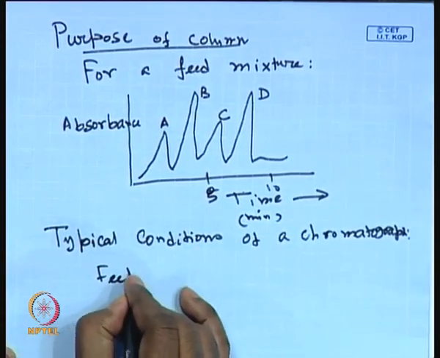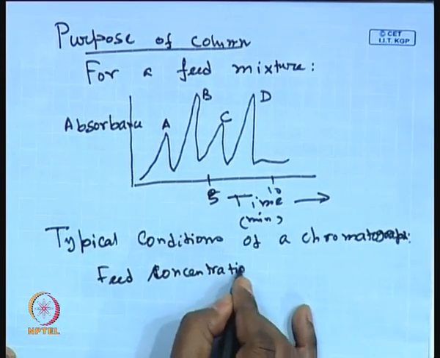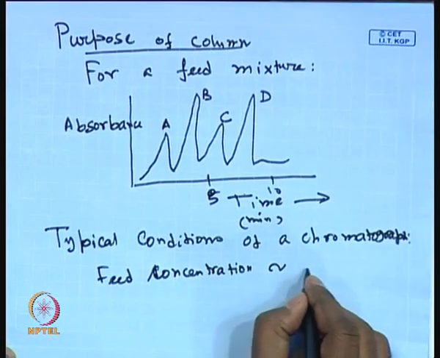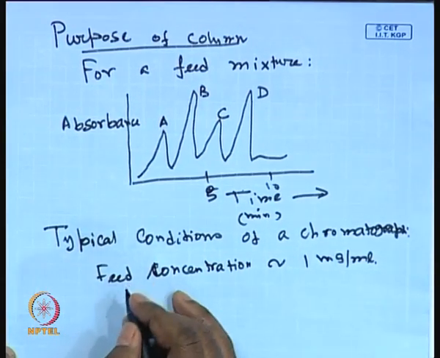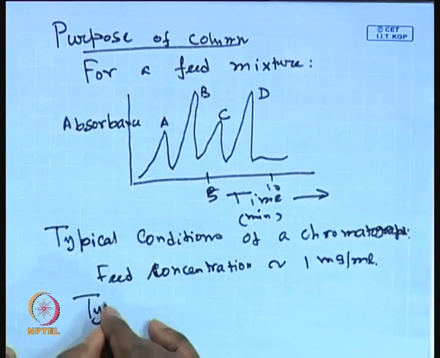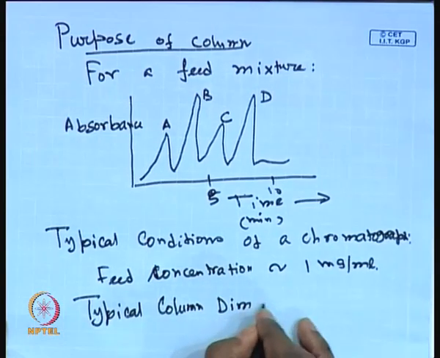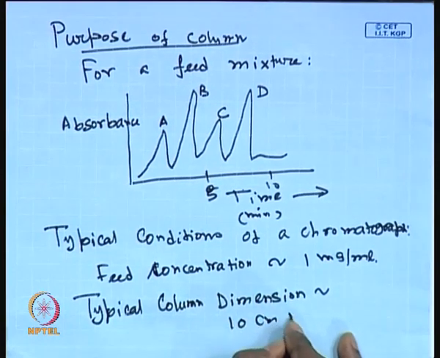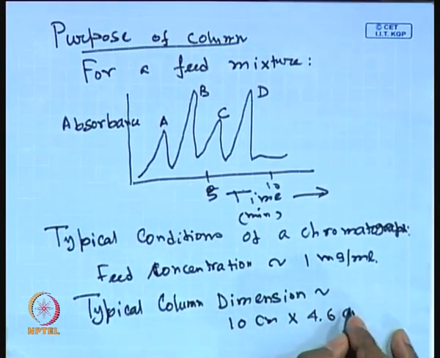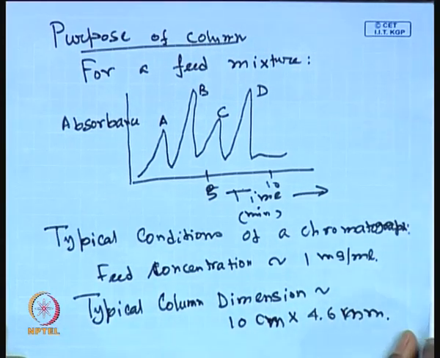The feed concentration will be extremely dilute, in the order of 1 milligram per ml or less. The typical column dimension is in the order of 10 centimeter by 4.6 millimeter, that means diameter 4.6 millimeter and length around 10 centimeter.